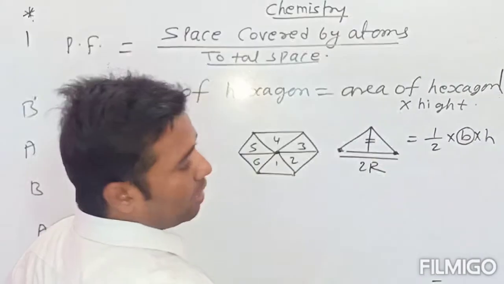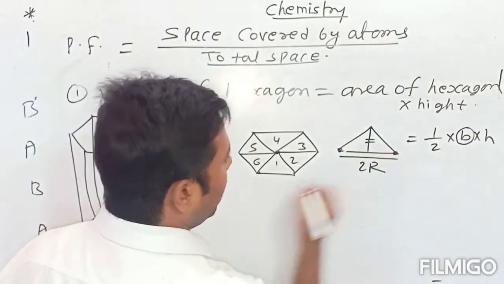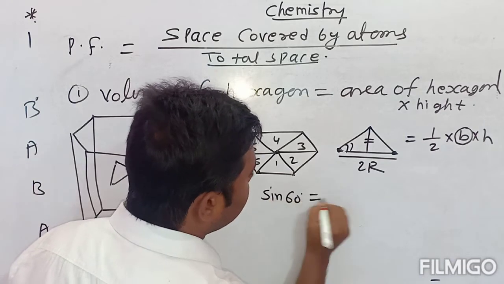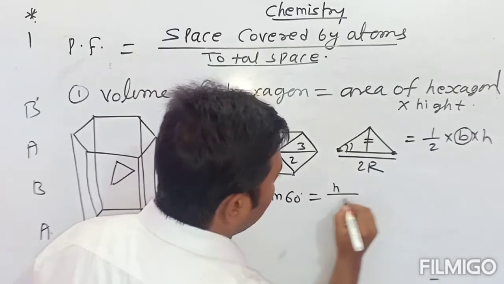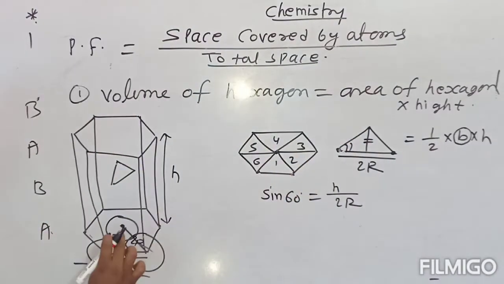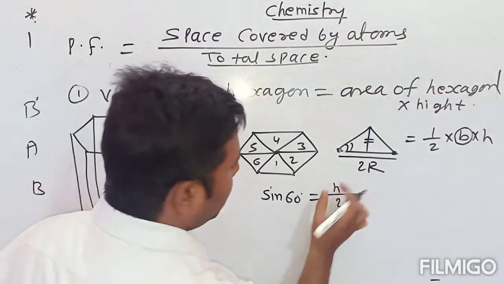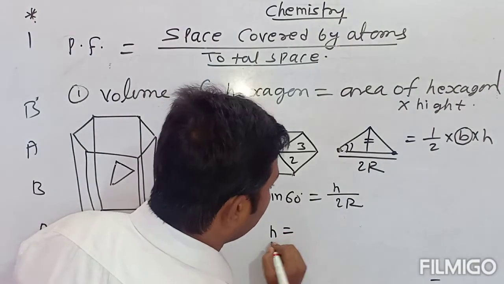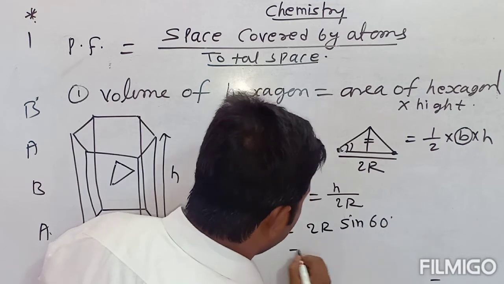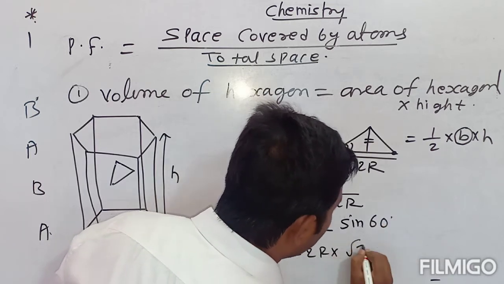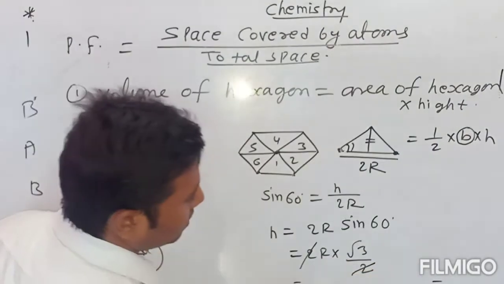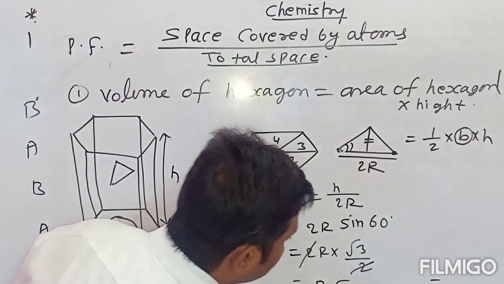Now how can we calculate the value of h? sin 60 degree is equal to h upon 2r. This length is 2r. So h is equal to 2r sin 60 degree, that is 2r into root 3 by 2, so cancelling, h is r root 3.